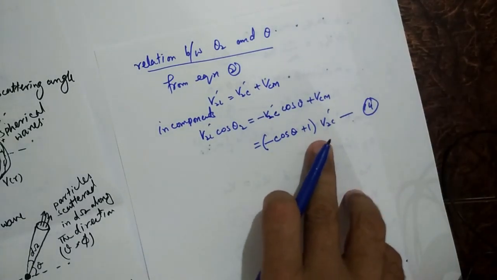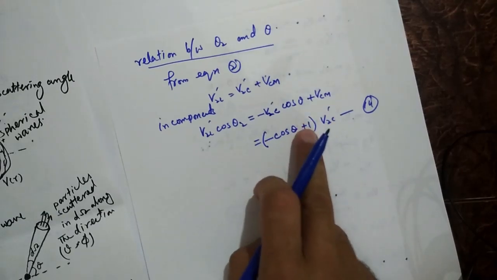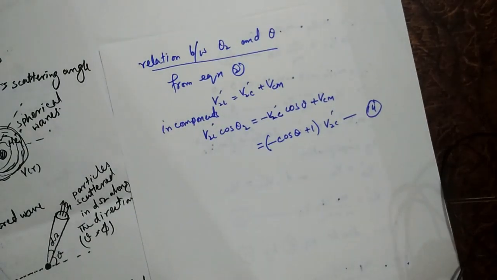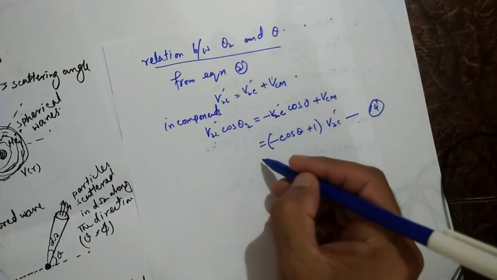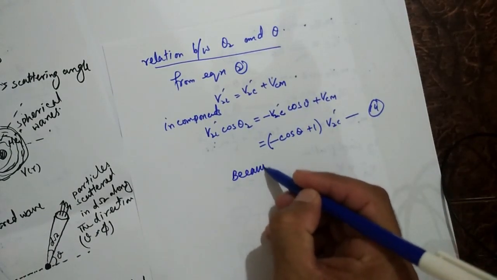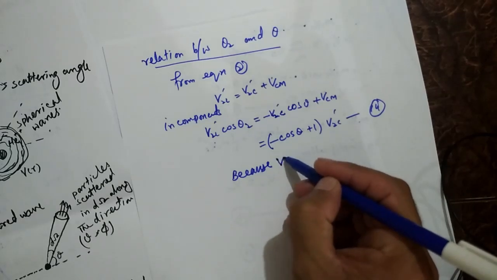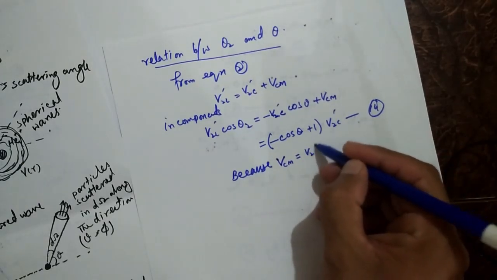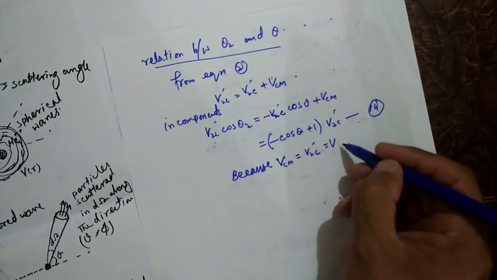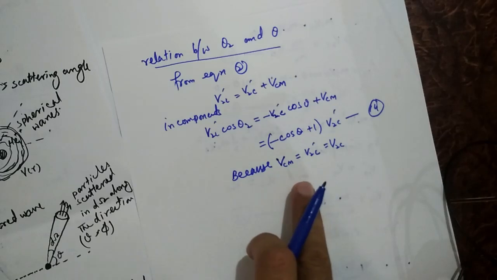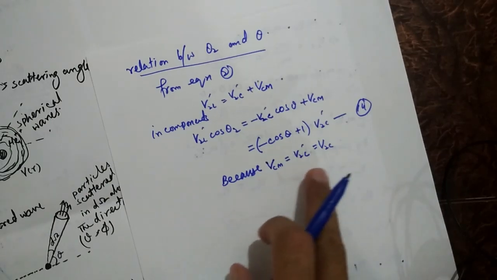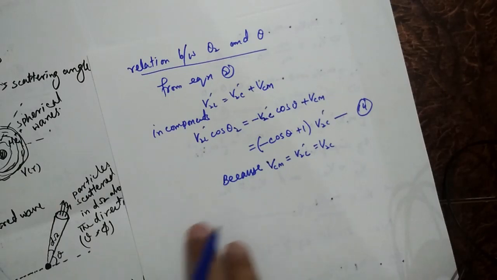I have written v2c dash because vcm, which we already derived, was v2 dash c, and it was also equal to v2c, because in the center of mass reference frame we proved that the velocity of the target before and after scattering was the same, and it was equal to the center of mass velocity.